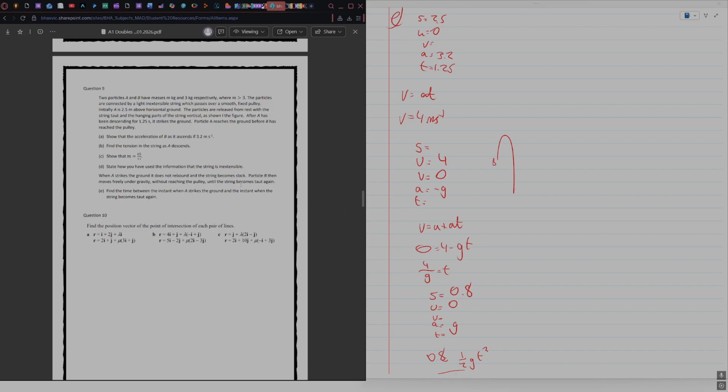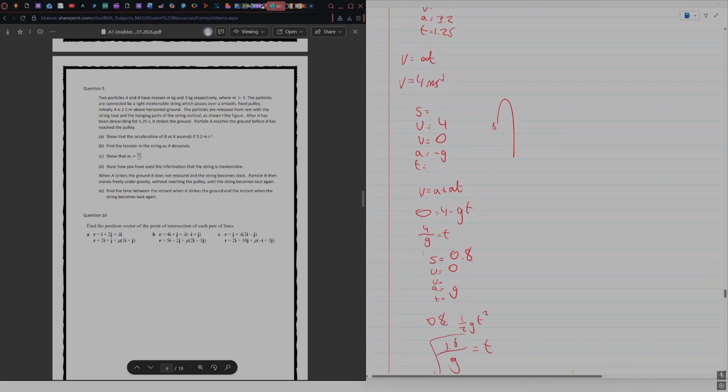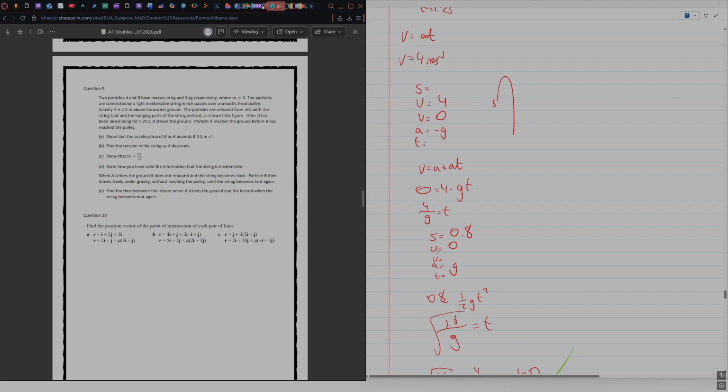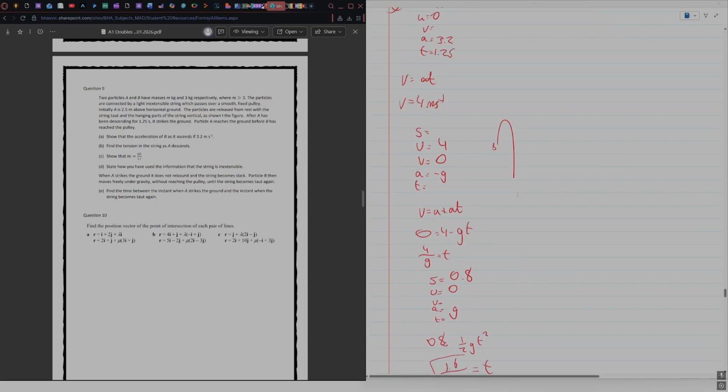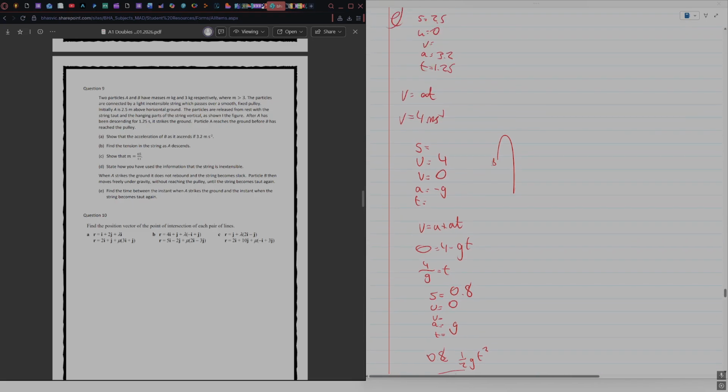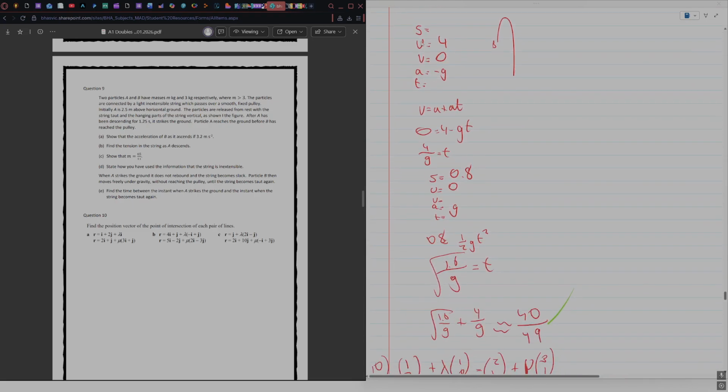So we know that the distance is going to be 0.8. I think what I've done here is I found the distance with this suvat here, and I just said it goes down the same amount.